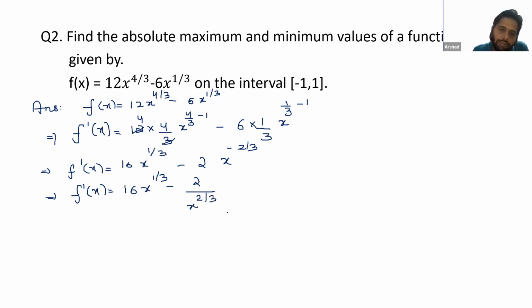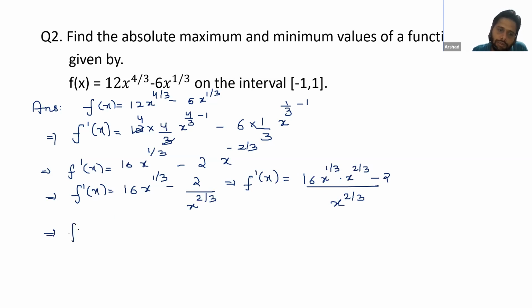Okay, then take the LCM. So f dash x is equal to, take the LCM. The LCM is x to the power 2 by 3. Here you will get 16 x to the power 1 by 3 into x to the power 2 by 3 minus 2.